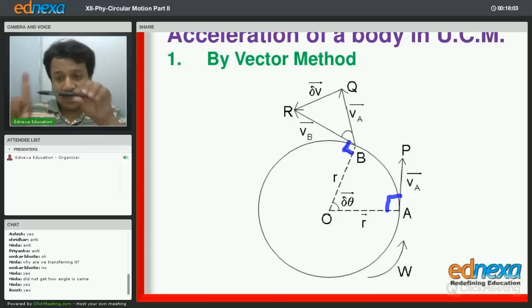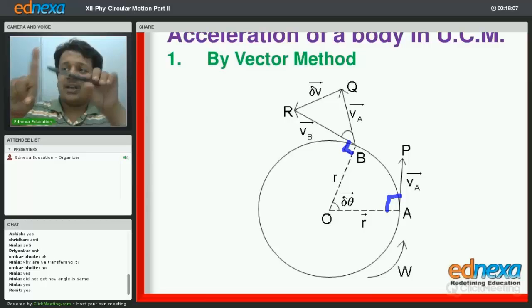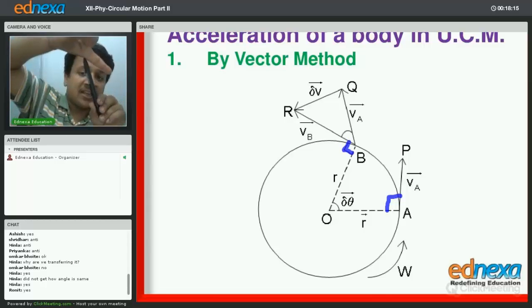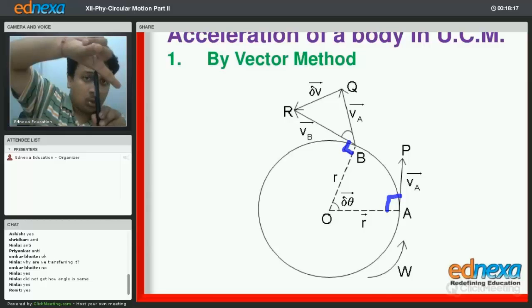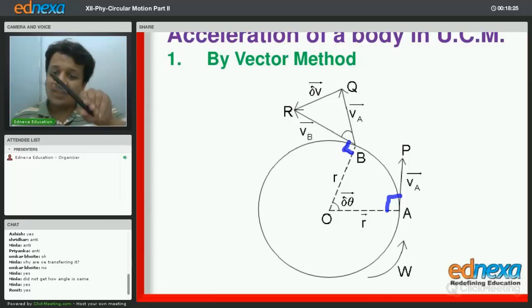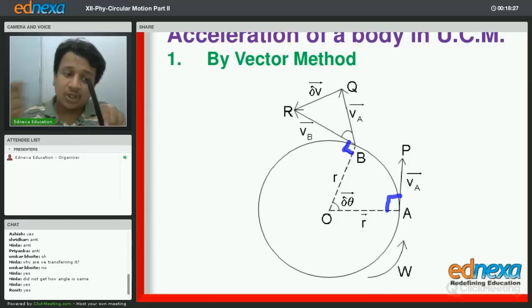Initially the angle is 90 degree. If it does not get displaced, or if it displaces more, the angle will not remain 90 degree. When the angle between radius and tangent must remain 90 degree and the radius moves with angle delta theta, the tangent should move with angle delta theta.